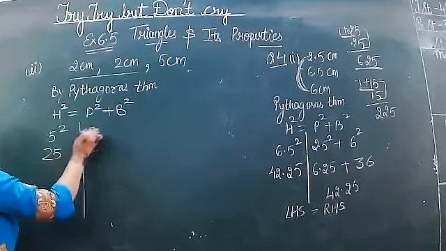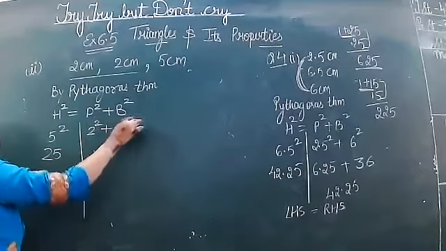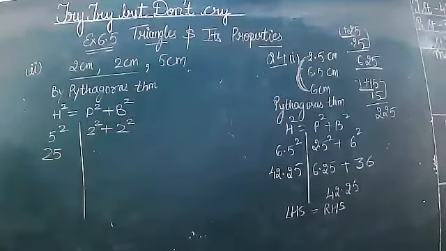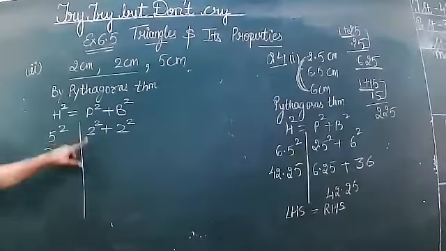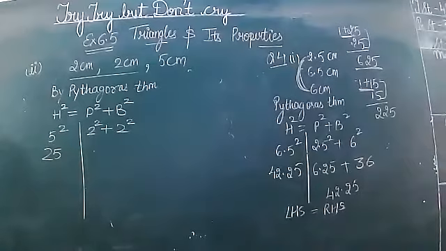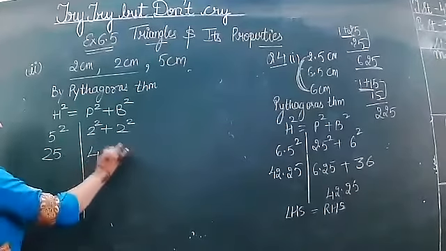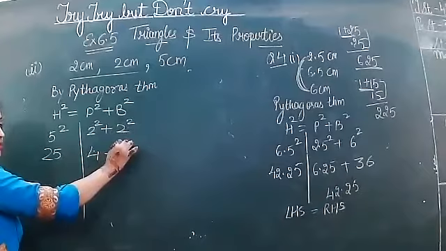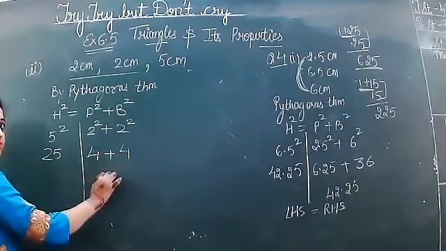Whoever is asked, that person will answer. Nobody else will give the answer. Bolo, Samir. Samir is your name? 2 square is? What do you mean by 2 square? 2 multiplied by 2 is 4. 4 plus 4.